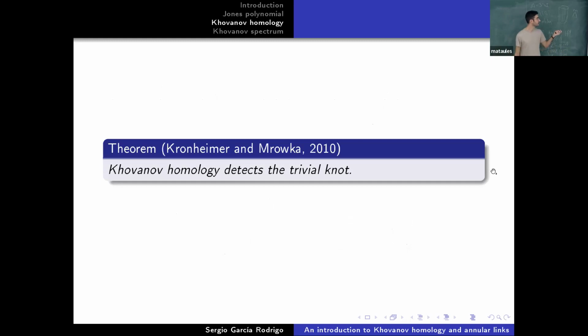And another cool fact about the Khovanov homology is that it detects the trivial knot. So if you compute the Khovanov homology of a knot, and it's the same as the trivial knot's, then your original knot is the trivial knot. This is not proven for the Jones polynomial. So we don't know yet if the Jones polynomial also detects the trivial knot.